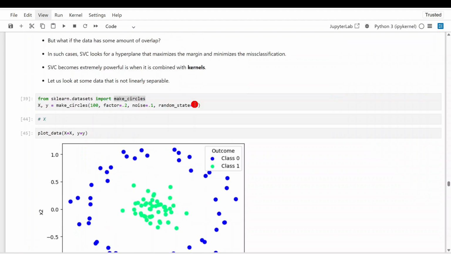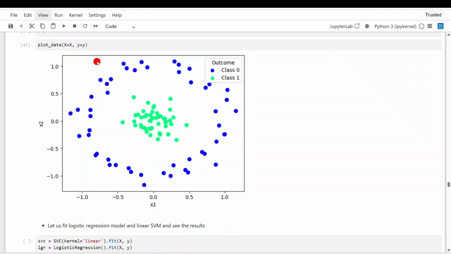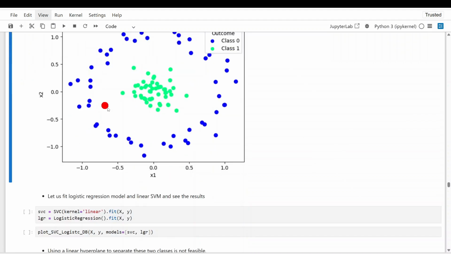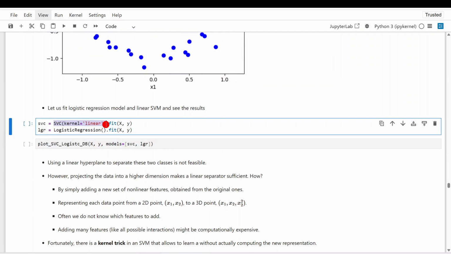Let's just fit our linear support vector classifier and logistic regression model on the whole dataset. So SVC with linear kernel dot fit. This is the code for fitting the linear support vector classifier, and this one is the logistic regression model.